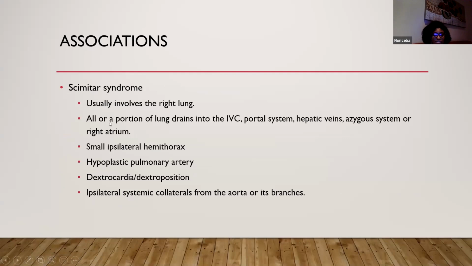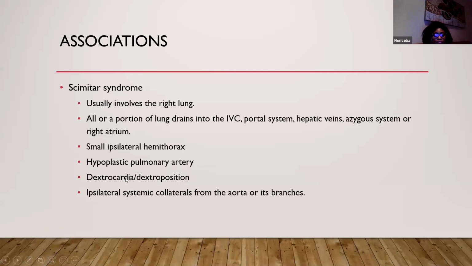So basically you have that partial anomalous drainage with a small ipsilateral hemithorax where there's hypoplasia of that ipsilateral lung, and at times even the pulmonary artery can be hypoplastic, and then they tend to have blood supply into that lung from another vessel like the aorta or descending aorta. They tend to have dextrocardia or dextroposition because of the hypoplastic lung.